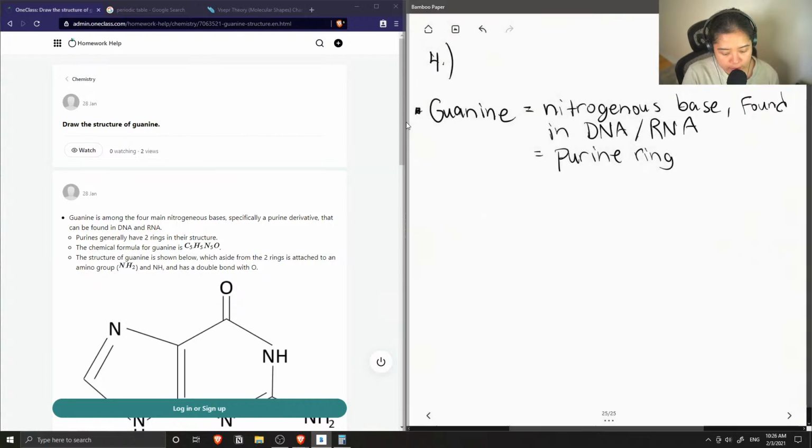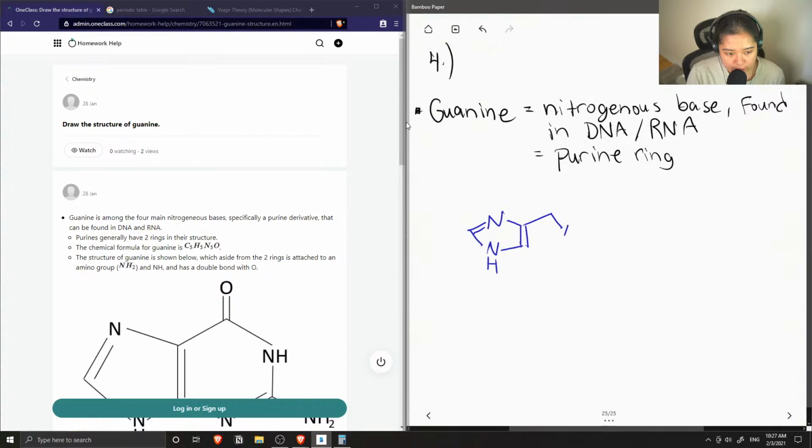Okay, so let's draw out the structure. In the first cyclic ring, we have a 5-membered aromatic ring, just involving 2 nitrogens.